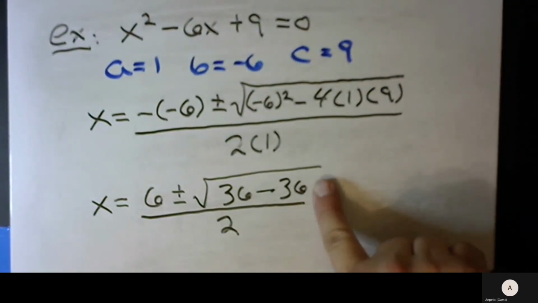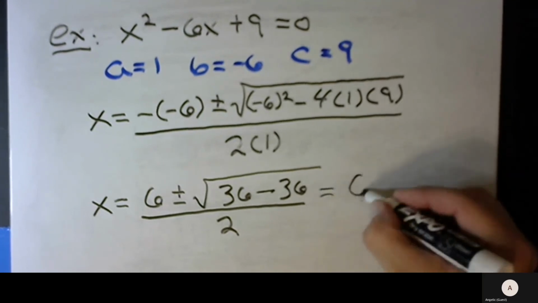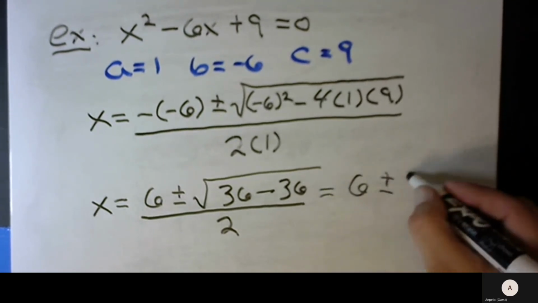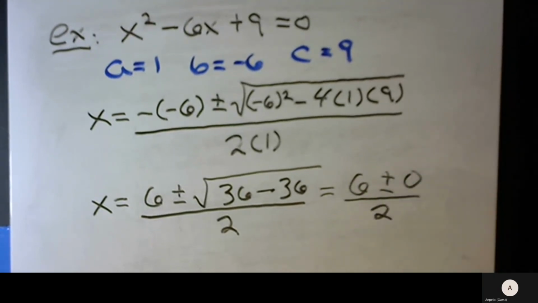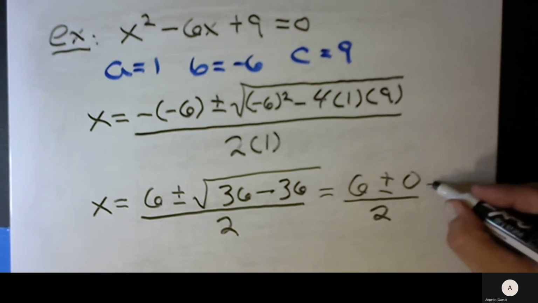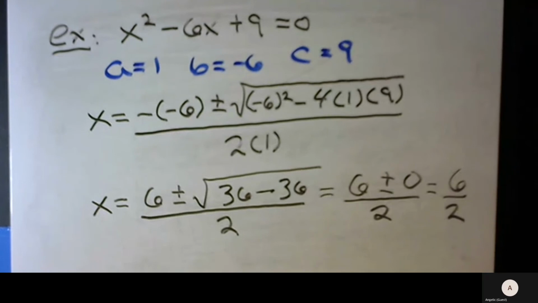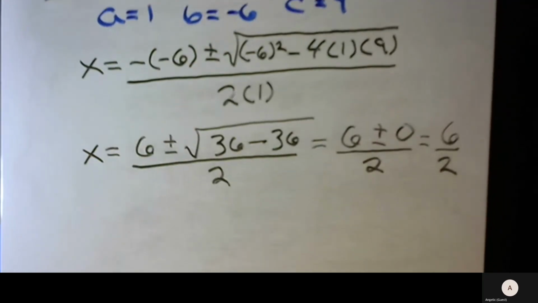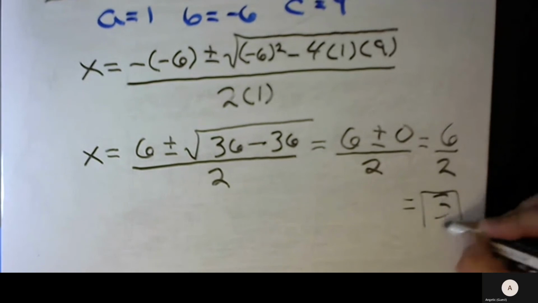Now, of course, 36 minus 36, that's going to be 0. So we get 6 plus or minus 0 over 2. And the key thing here, adding or subtracting 0 doesn't change anything. So that's just 6 over 2. And we have one answer, 3.